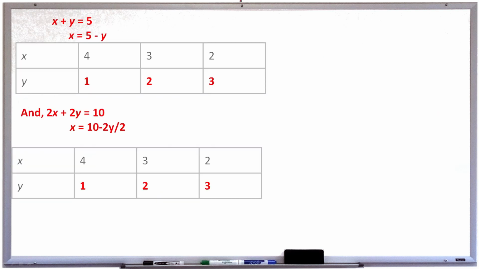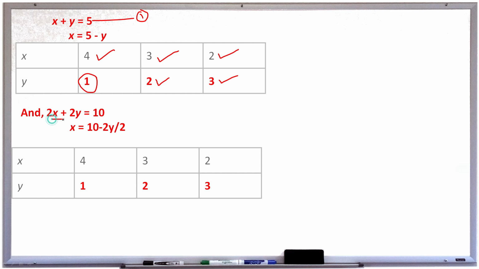So write the equation again: x plus y is equal to 5. This equation can be written in terms of x. So bring y to the right side, 5 minus y. Put the value of y and you will get the value of x. Put y is equal to 1, you will get x is equal to 4. Y is equal to 2, you get x is equal to 3. Similarly, when you put y is equal to 3, you will get the value 2.